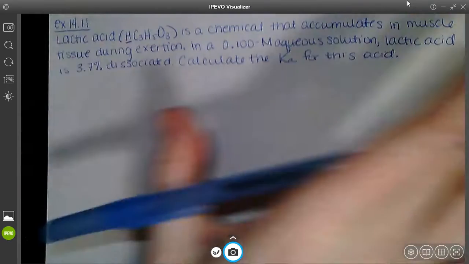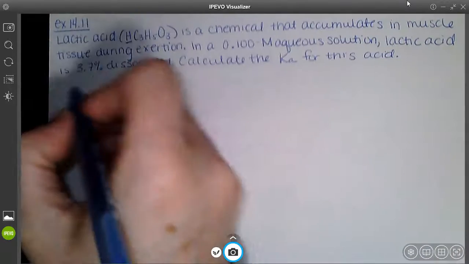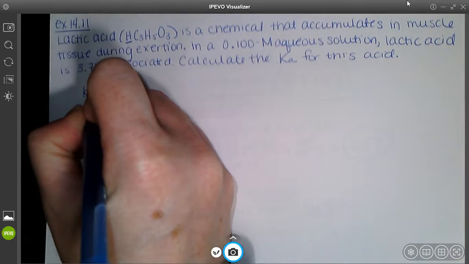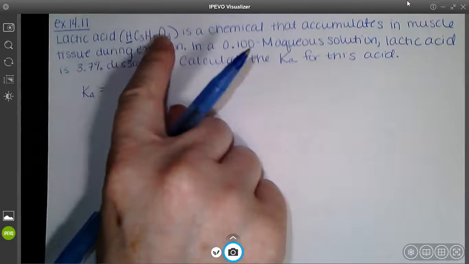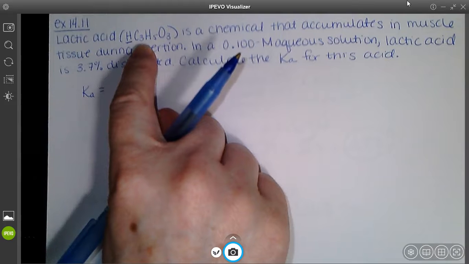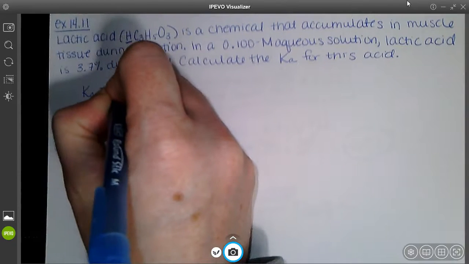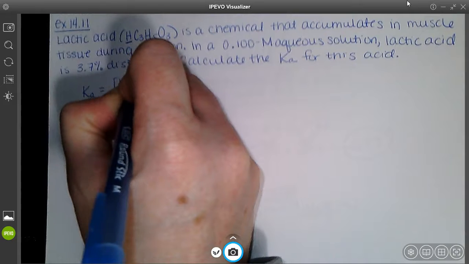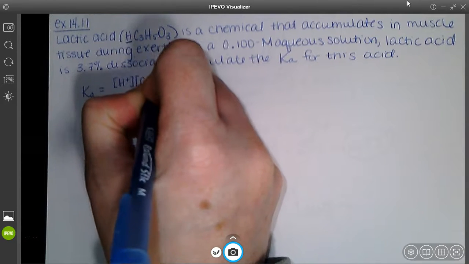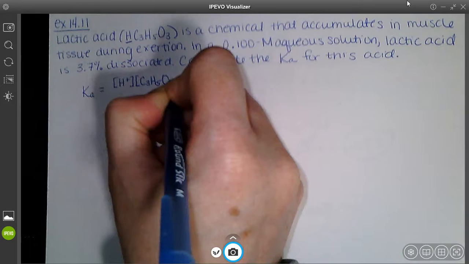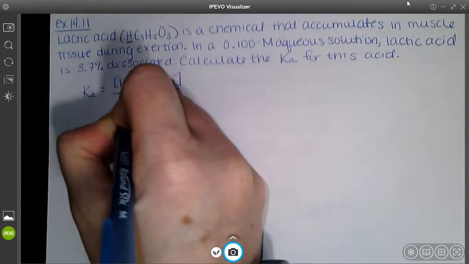All right, so for this, I want to just write out some stuff just to get my mind going. So this is what I want to solve for. Ka equals, and then I have to do my equilibrium formula for this acid. So hydrogen ions times acetate ions divided by acetic acid.